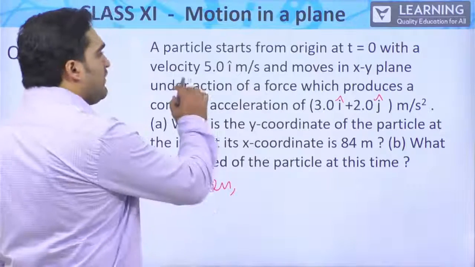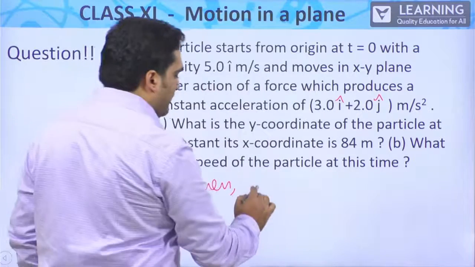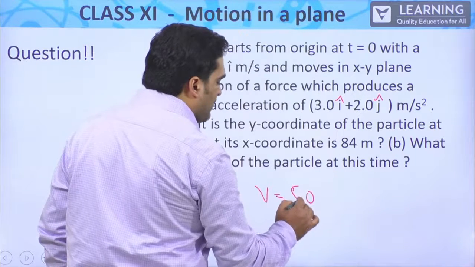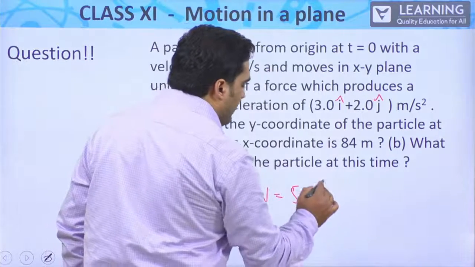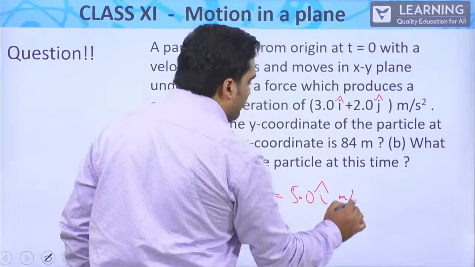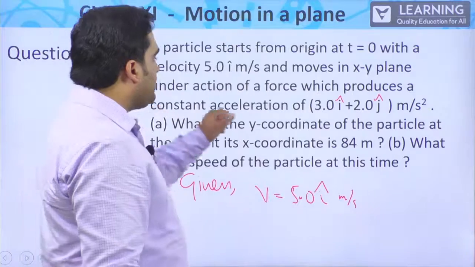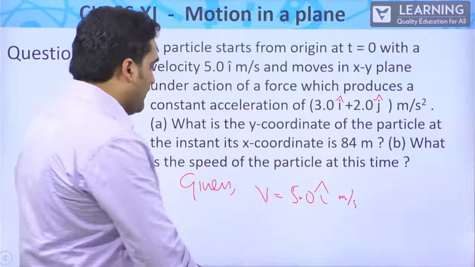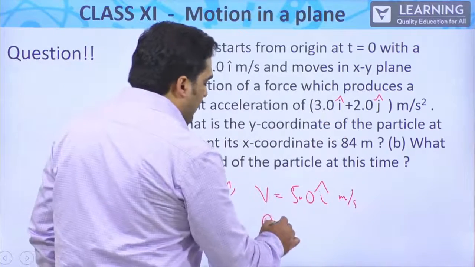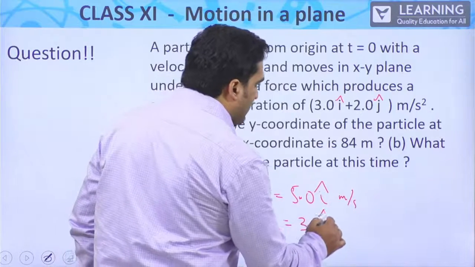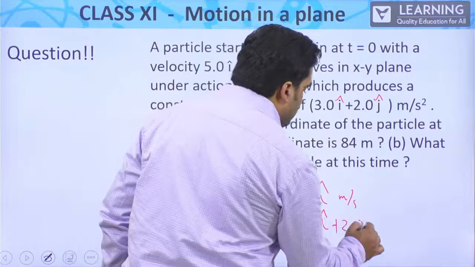Given that the velocity of the particle v is equal to 5.0 i cap meter per second. Next, constant acceleration. So a is equal to 3 i cap plus 2 j cap.